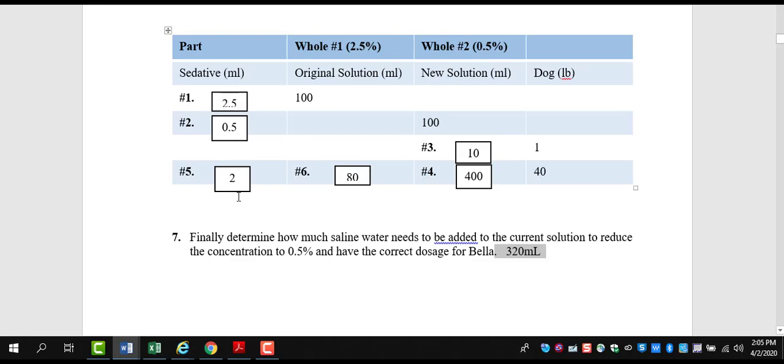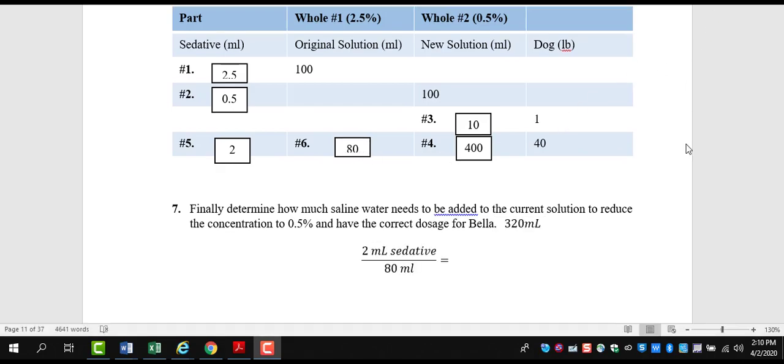Well, let me show you another way of doing it, and this will work for all solutions. Okay, so we know we have 2 milliliters of the sedative and 80 milliliters of the saline. So there's a ratio of 2 sedative to 80.